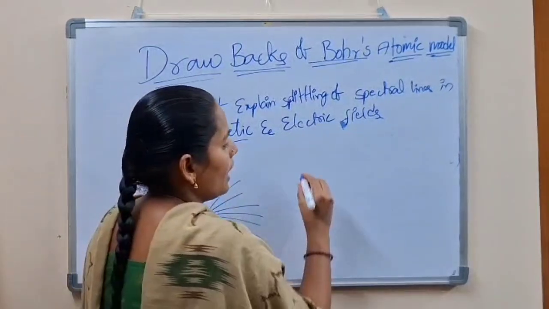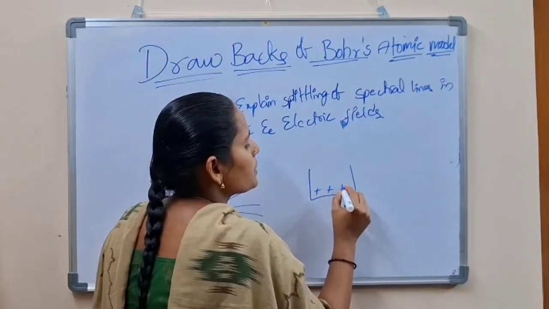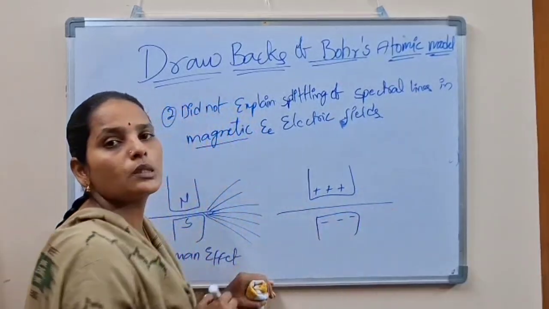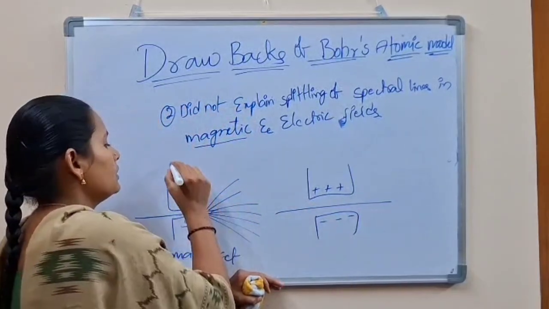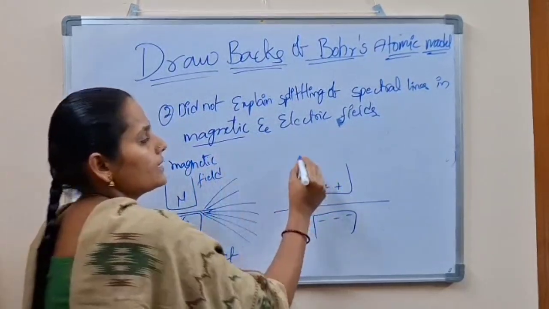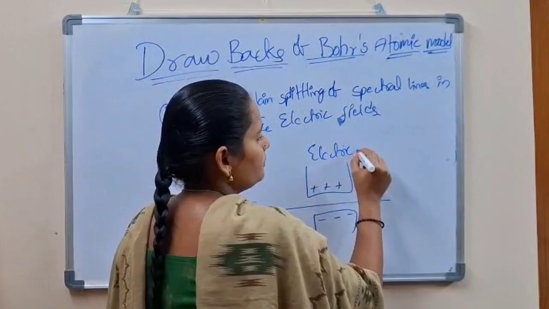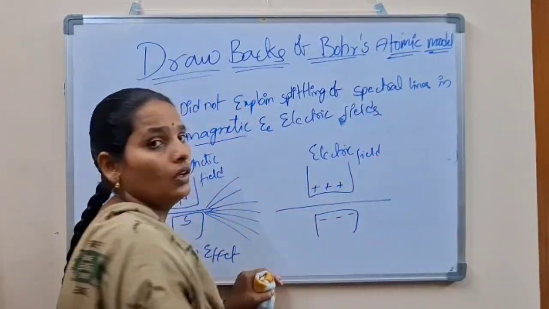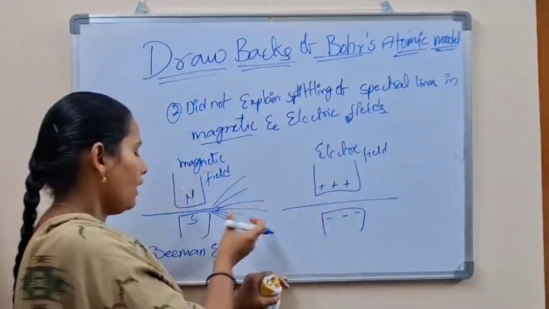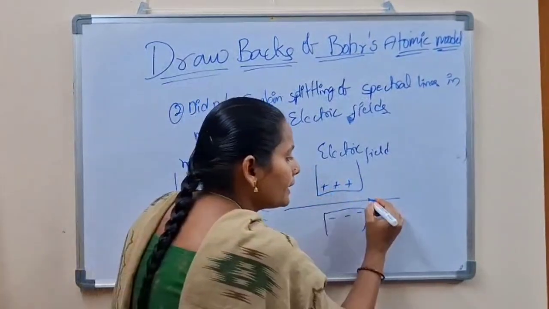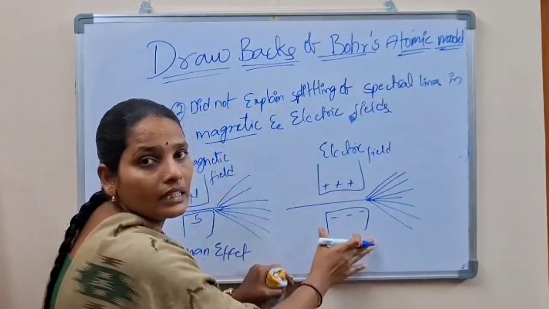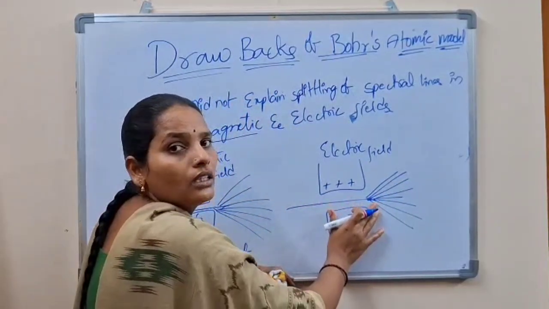And one more is the electric field. These are the positive charges, these are the negative charges. If we pass a spectral line in an electric field, here also, like in the Zeeman effect, the spectral lines are split. After reaching the electric field, a single spectral line splits.